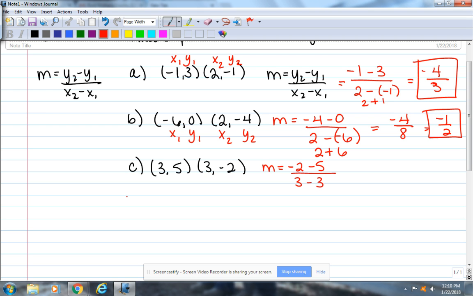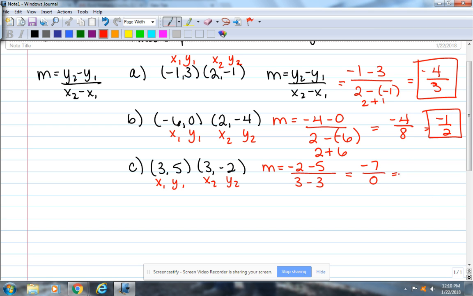So notice I didn't label them that time as I went. But if it helps you to label them, by all means, I do that every time. If that helps you keep them straight, I just omitted that from my steps. All right, so next we have negative 2 minus 5 is negative 7, and 3 minus 3 is 0. And it is mathematically impossible to divide by 0.